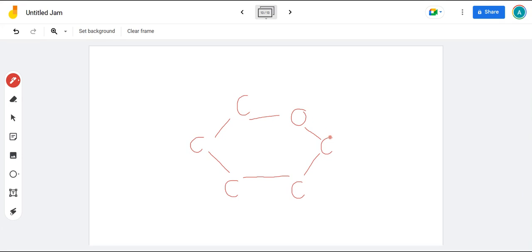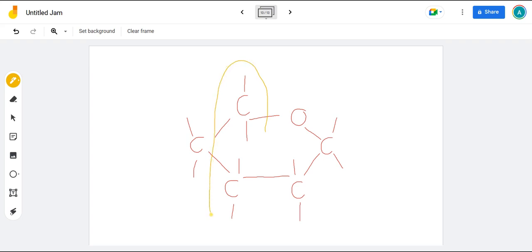So all the other carbons need two more bonds: one up, one down, for each carbon. The next thing to know is that these two here are different.